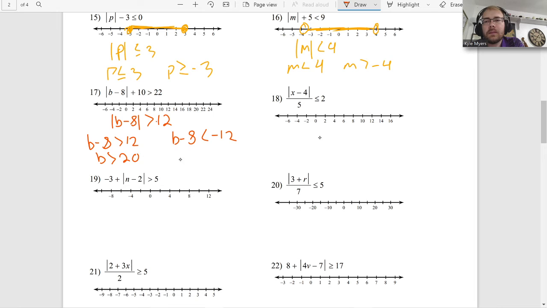So that's 20. Add 8 to both sides of this equation as well. If I add 8 to a negative, I'm actually subtracting. So 12 minus 8 is 4. That's negative 4. Negative 12 plus 8 is negative 4. Always be careful with integers. They are not to be underestimated. There's negative 4. So it says less than that and greater than 20.